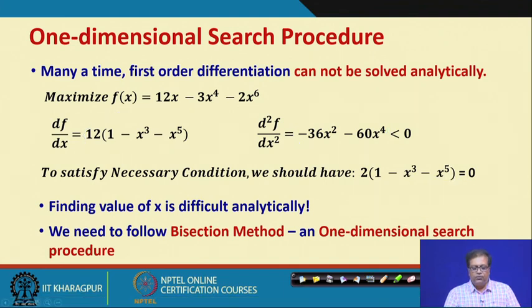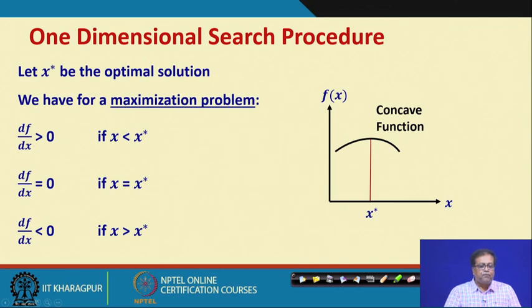So, what we can do, this is how we begin. Supposing x star is the optimal solution and we are really solving a maximization problem. For a minimization problem it will be slightly different. For a maximization problem you can see the function is concave.